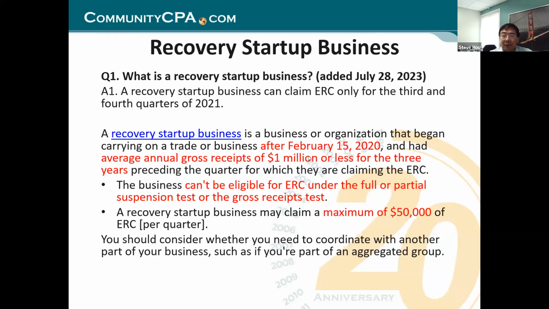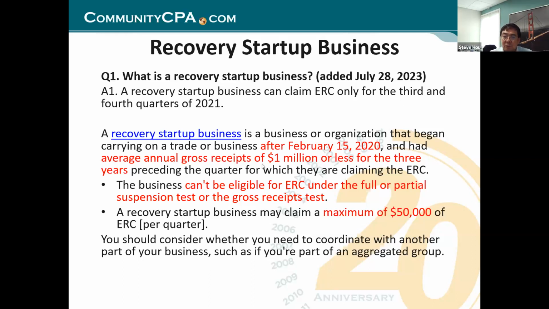Okay, and regarding recovery startup business, there are a couple of detailed rules. Again, these are not new, so I just quickly mention those. This was made clear in the law and in the IRS's notices, so there's nothing new on the web pages here.